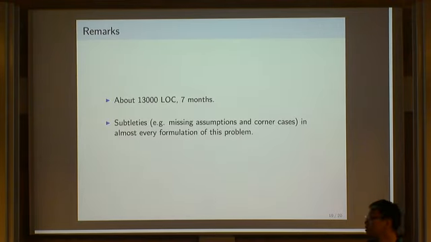To remark, this whole development is about 13,000 lines of code, and took me about 7 months to finish. And the thing that troubled me the most is actually the subtlety in mathematics.